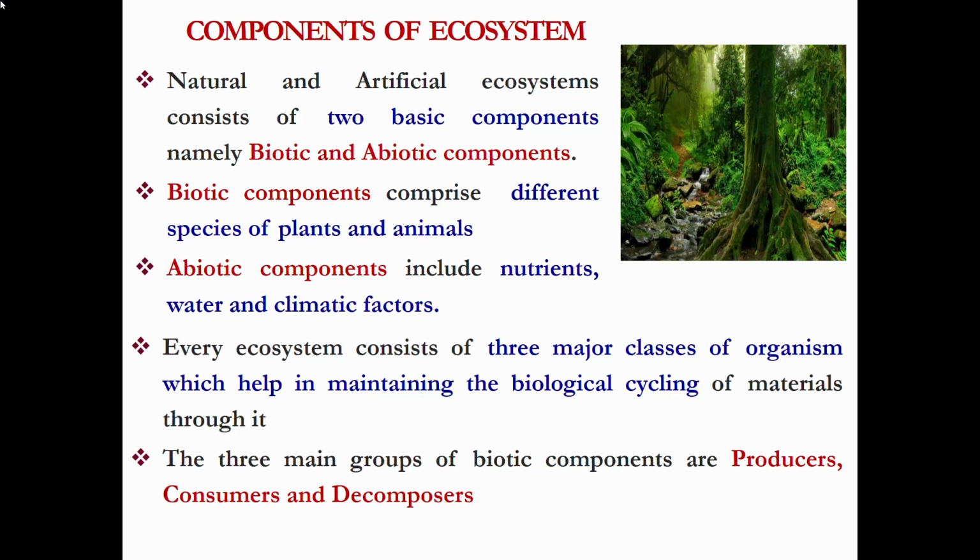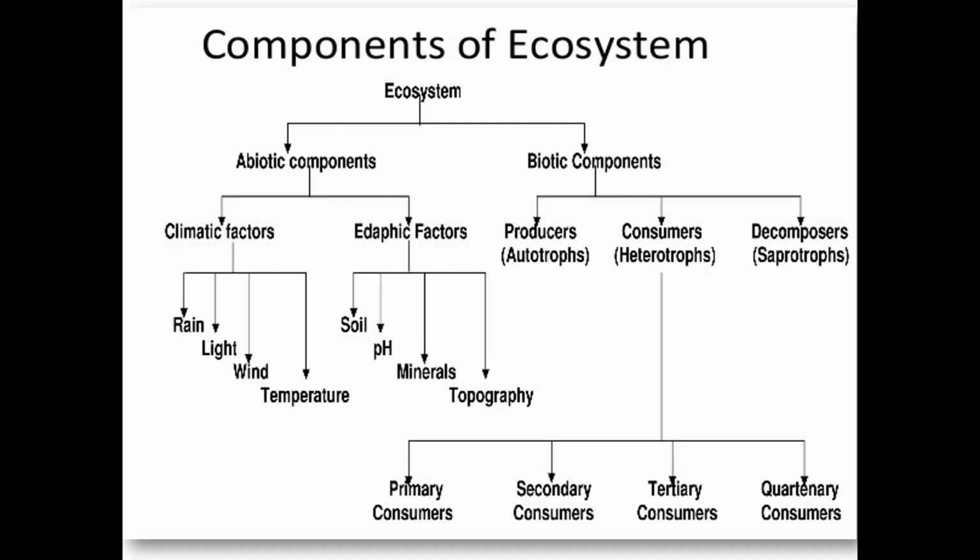There are three main components of the biotic component. One is the producer, the second is the consumer, and the third is the decomposer. From this diagram, we can understand the different components of an ecosystem. It contains both biotic and abiotic. Abiotic examples are rain, light, wind, temperature, soil, minerals, and topography.